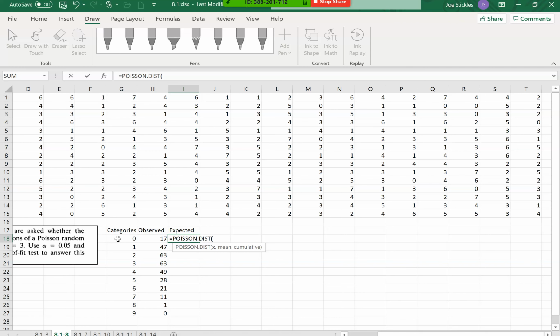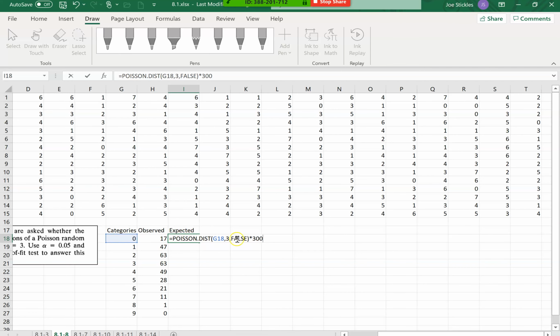The value I'm interested in is 0, and the mean is 3. In this case, I don't want cumulative. I want the probability that I actually see a 0, and I want to multiply this by 300. That's going to give me my expected values.